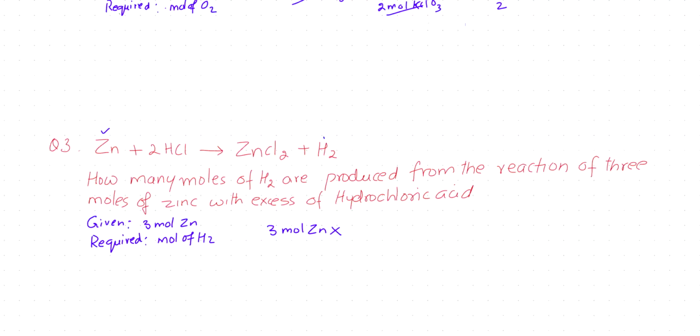So 3 moles of zinc times mole ratio of zinc and hydrogen. It's 1:1. So 1 mole of zinc produces 1 mole of hydrogen. So moles of zinc cancel. So 3 times 1, 3 moles of hydrogen.